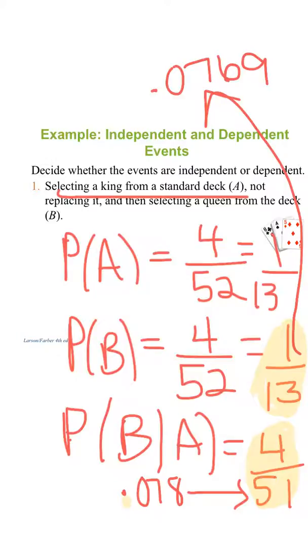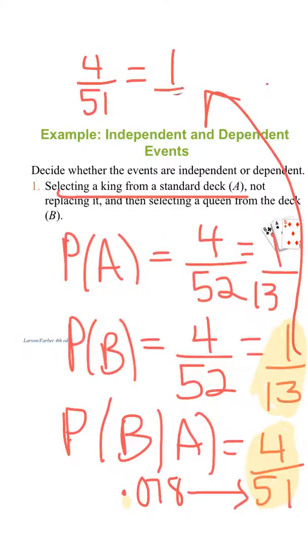Another way we could show that they're not equal: if I want to know whether 4 divided by 51 is equal to 1/13, we know that if two fractions are equal, their cross products are equal to one another.